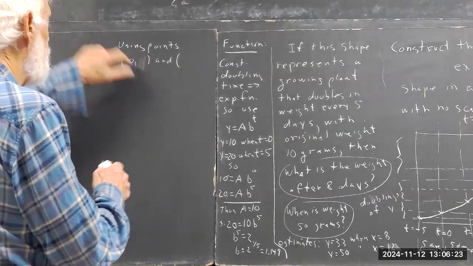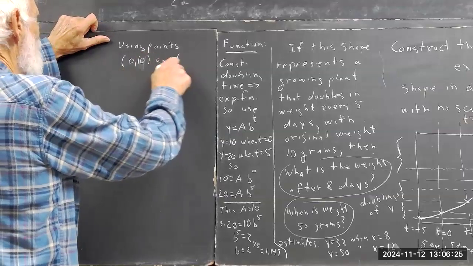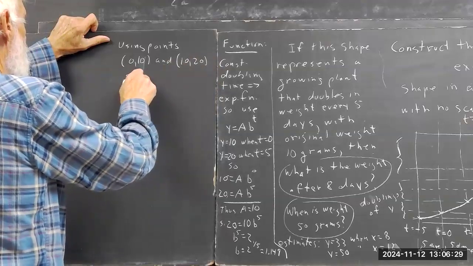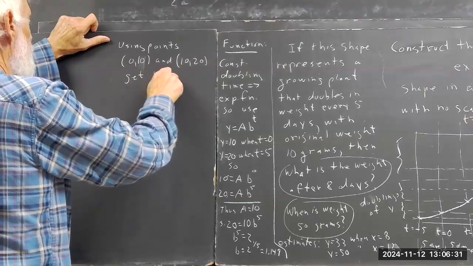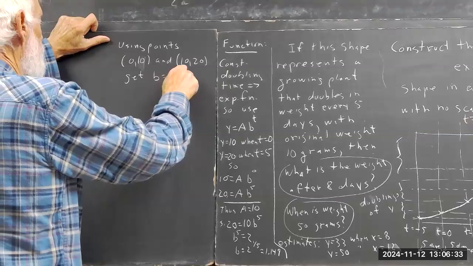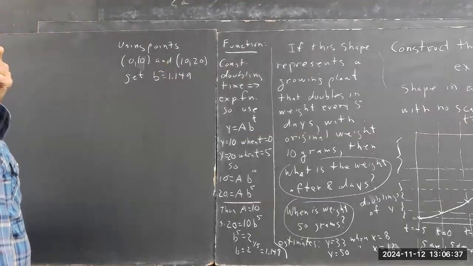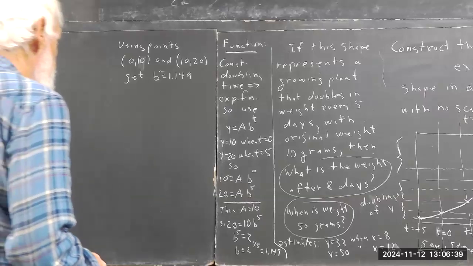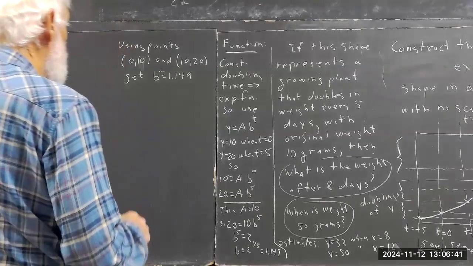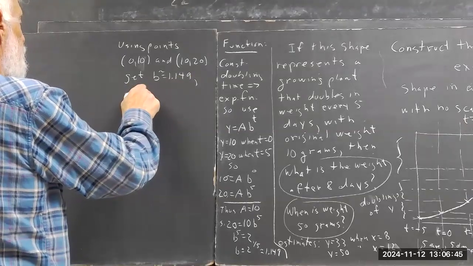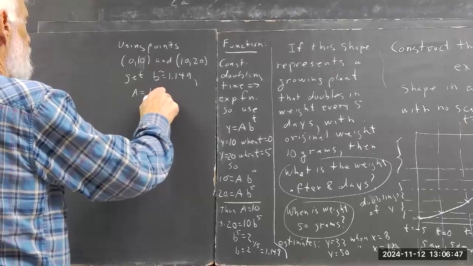So we're using points 0, 10 and 10, 20. We get b approximately 1.149. And of course, we get a equals 10.